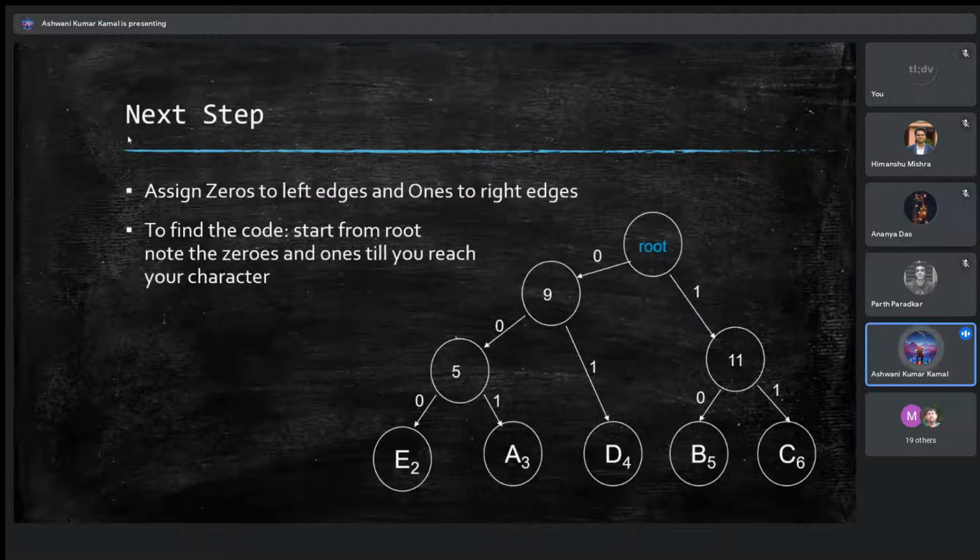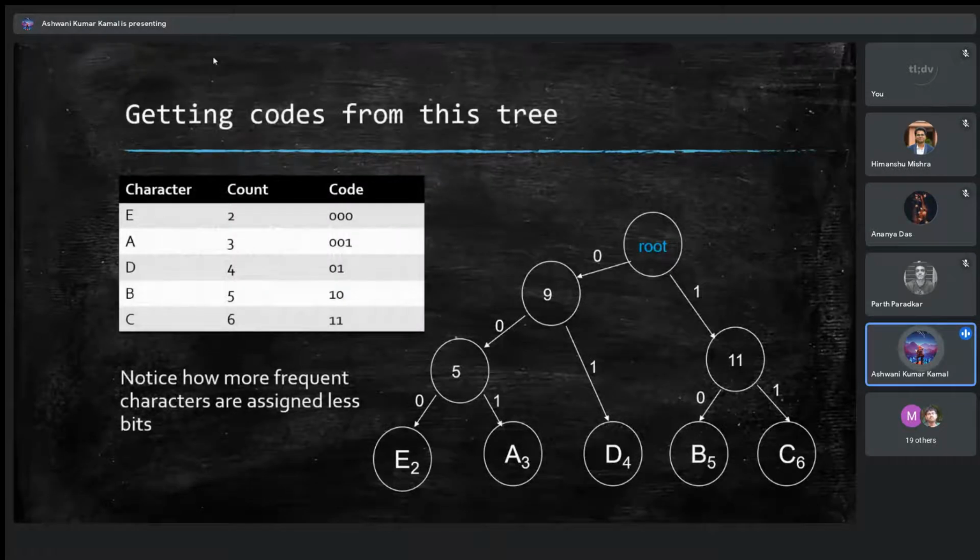Now to find the code, all I have to do is start from the root, take turns left and right, and note whether 0 is appearing or 1 is appearing until my character is reached. So for E, I'll start from the root, take a left turn 0, again a left turn 0, again a left turn 0. So E will be assigned 000.